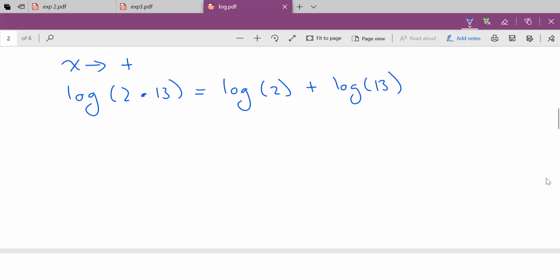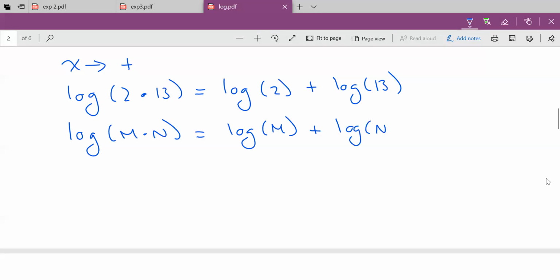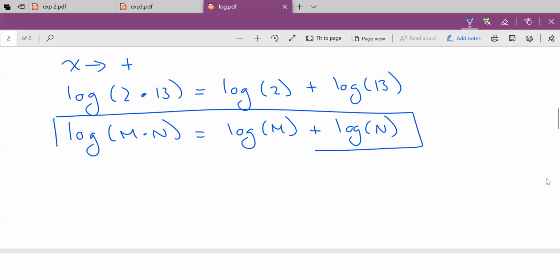That's it. So the law you see on your formula sheet is this. Log of m times n is equal to log m plus log n. There's law number one, the product law of logarithms.